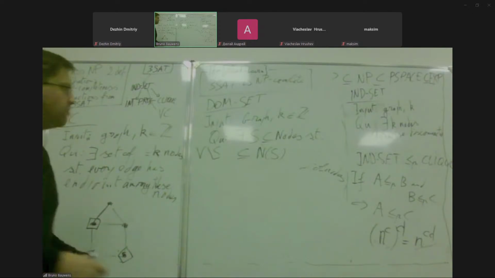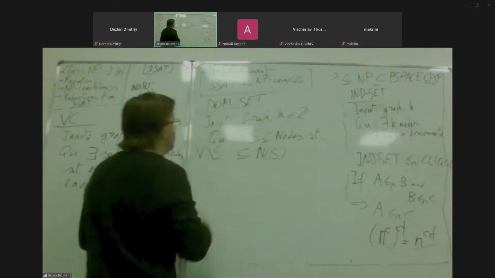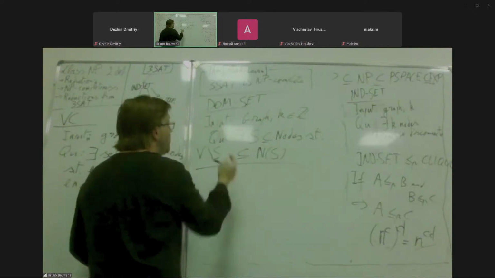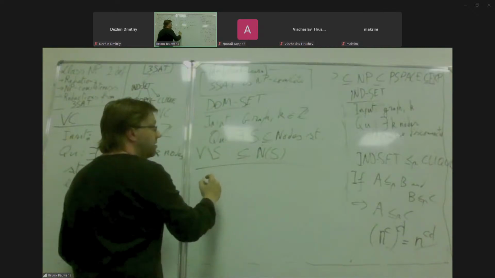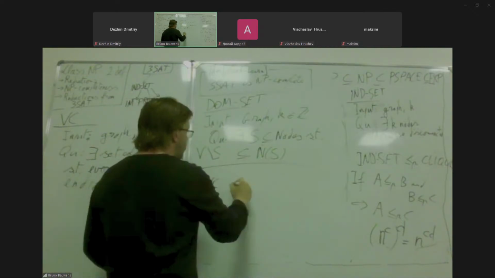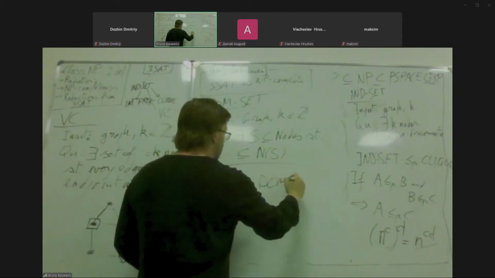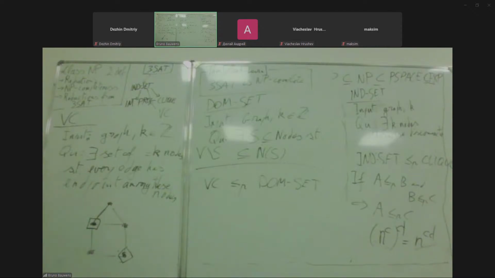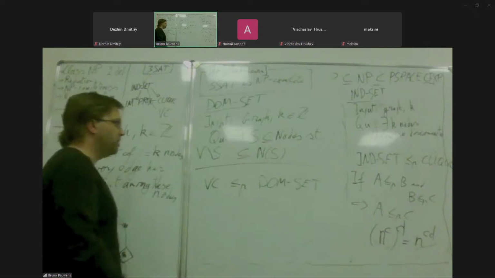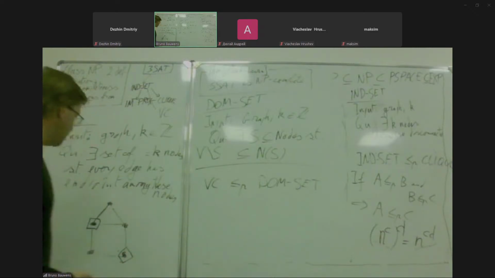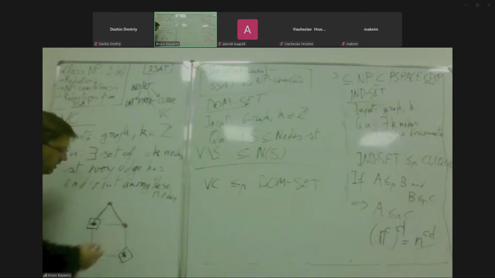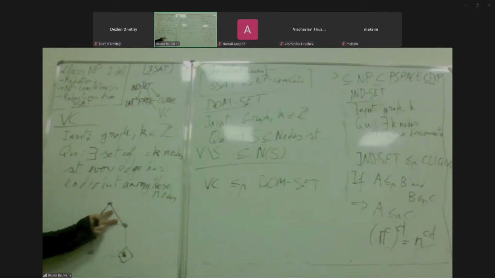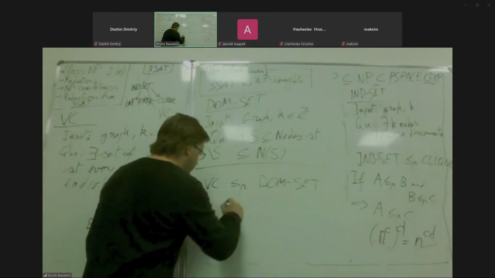Okay. And so now we want to prove that dominating set is NP hard, so we will do it by reduction from vertex cover. Okay, this is a little bit dangerous because I forgot the reduction completely. While coming here, I tried to remember it. And so the plan is to insert 2 nodes in every edge. Here we have a graph and k.